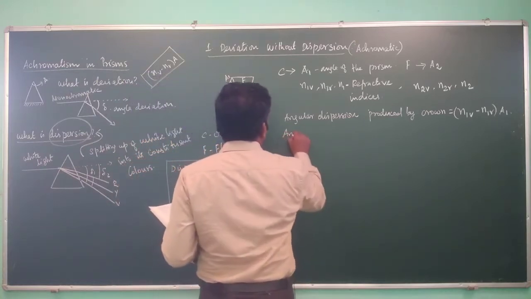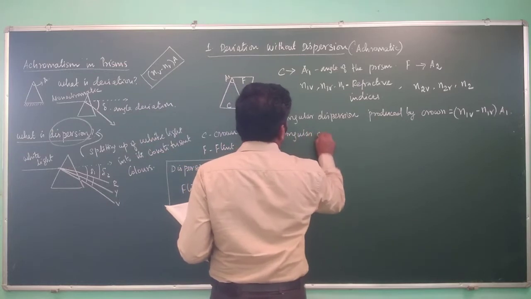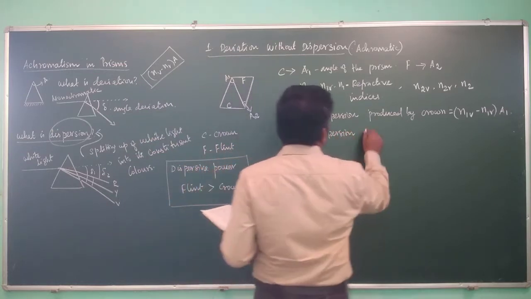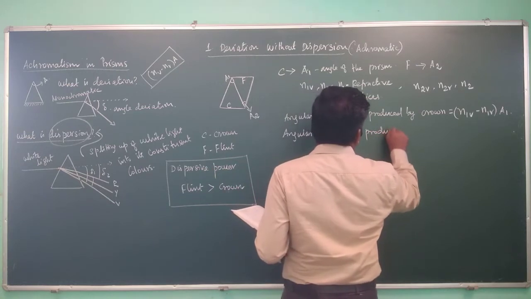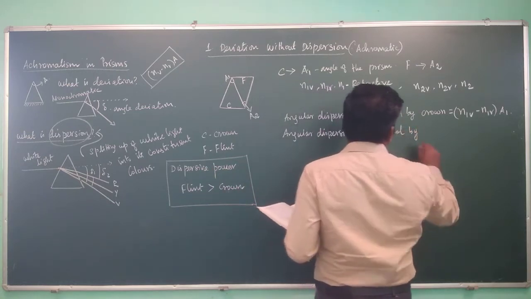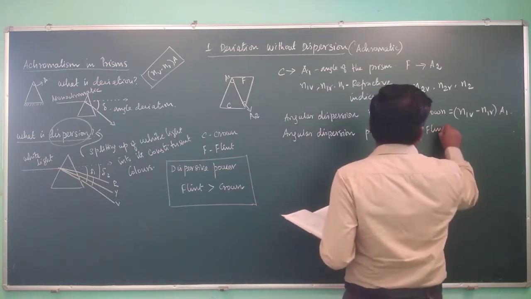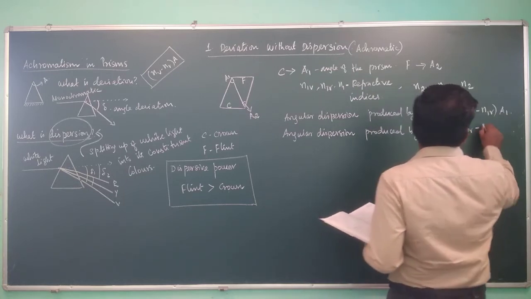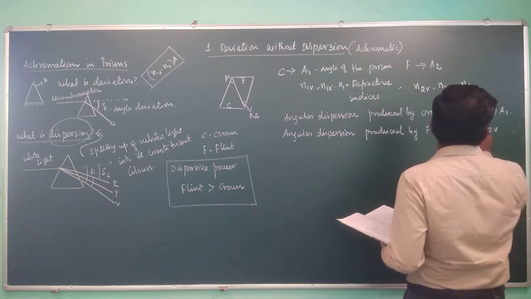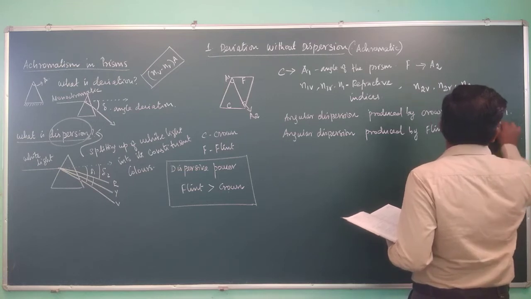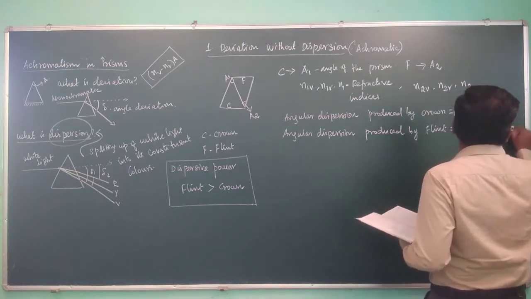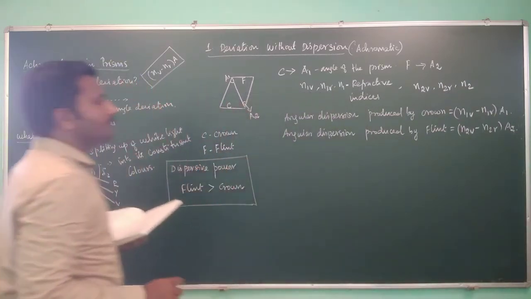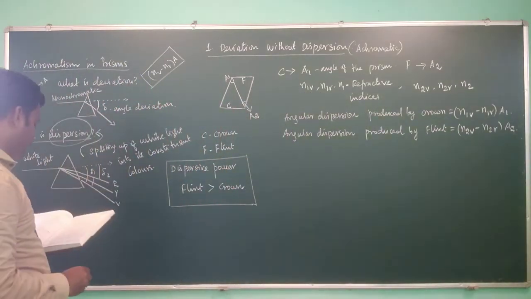Similarly, the angular dispersion produced by Flint is N2V minus N2R multiplied by A2, where A1 is the angle of the prism of crown and A2 is the angle of prism for Flint prism.